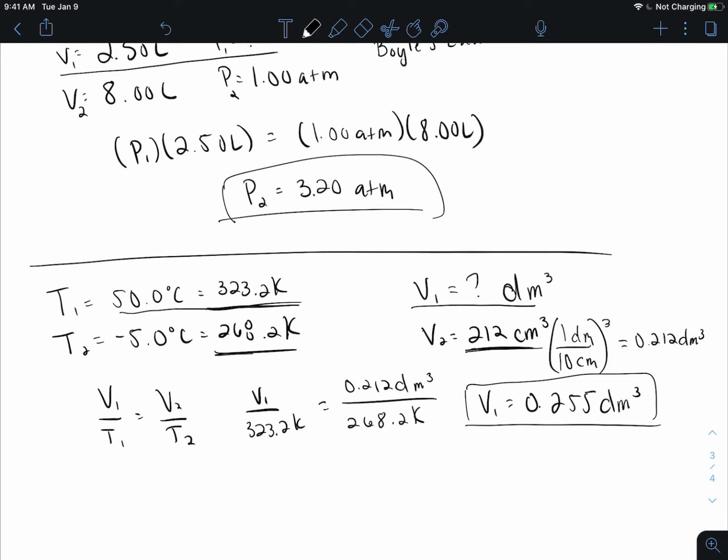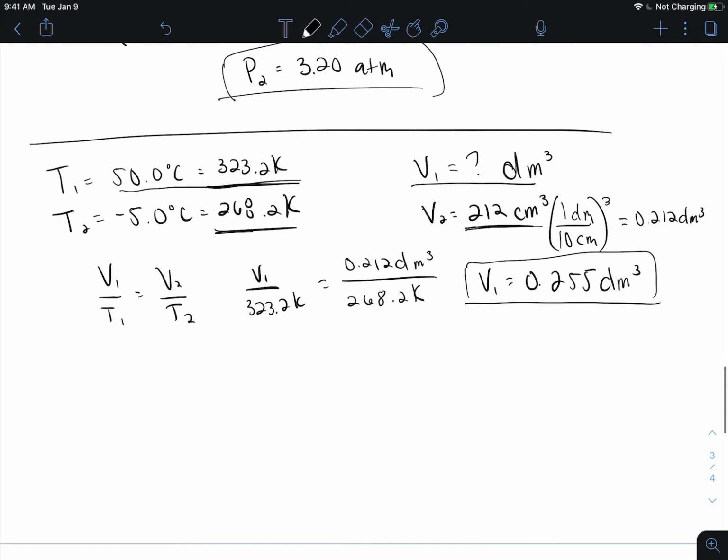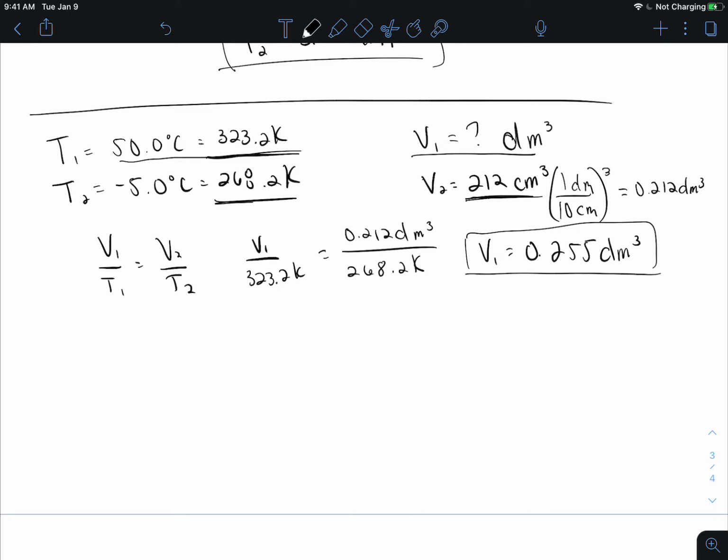Okay, let's try one more example before we go on to other gas laws. Here we have a sample of O2 in a cylinder under 2 atmospheres of pressure. So the pressure here is equal to 2.00 atmospheres.